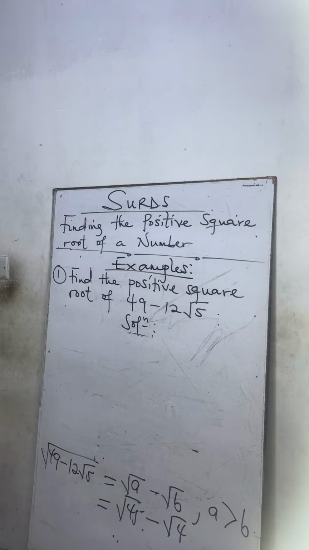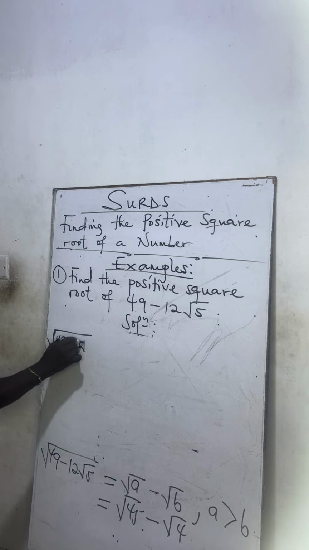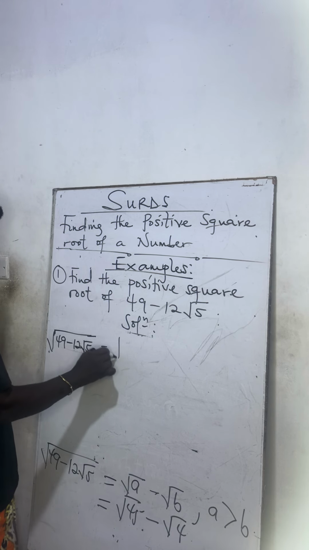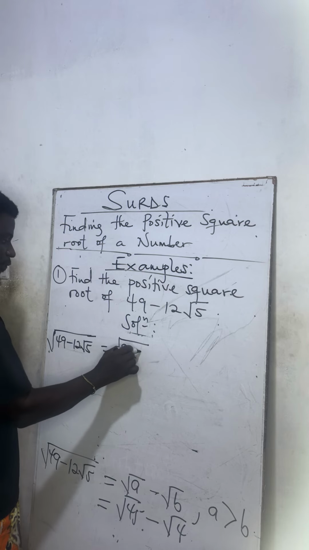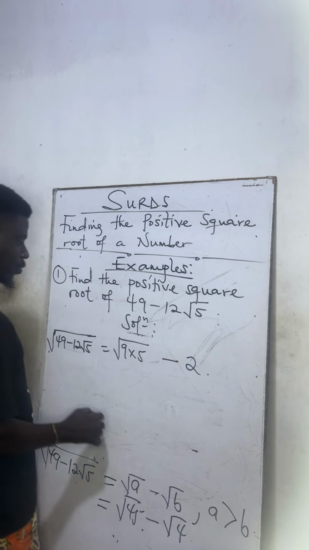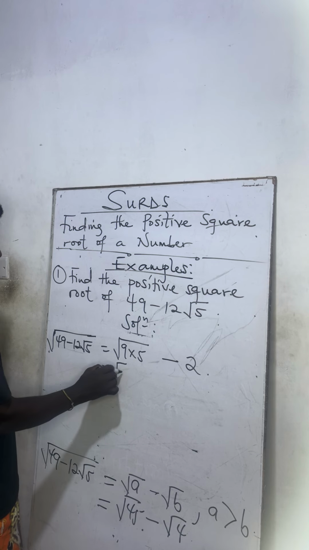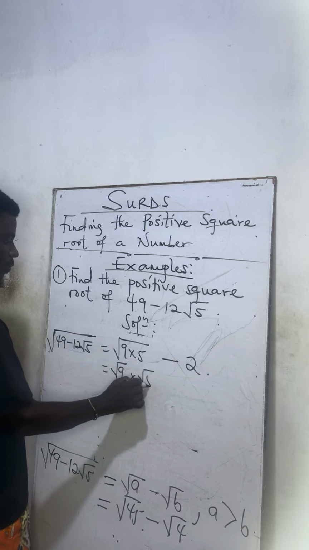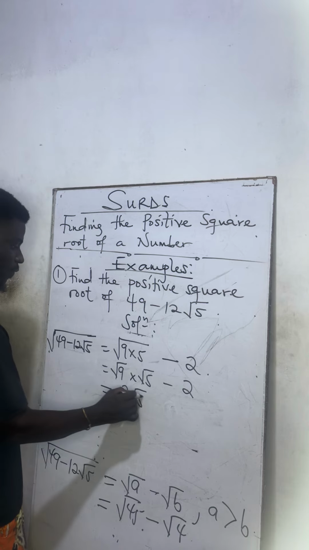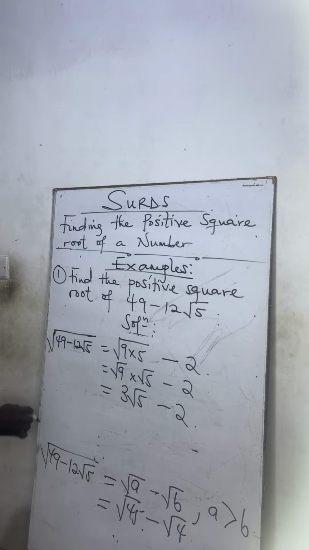Alright, so we'll get square root of 49 minus 12 square root of 5 is equal to, now square root of 45, that's 9 times 5, then minus square root of 4, we get what? 2. So here when you split square root of 9 times square root of 5 minus 2, you get 3 square root of 5 minus 2.